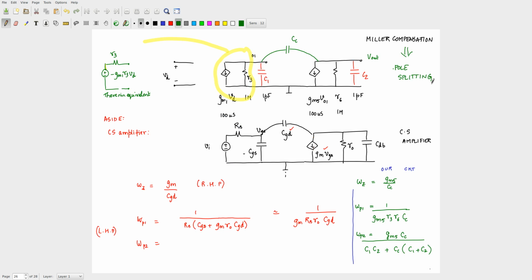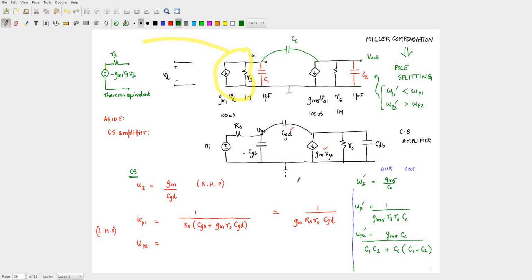Pole splitting basically is that, I will call these the primed values, omega p1 prime is less than omega p1 and your omega p2 prime is much greater than omega p2. Now, all of these p1, p2 and everything is referred to this circuit, not to the common source amplifier. This is for common source. I am using p1, p2 interchangeably, but from context please be aware what I am doing. All right. So now what can you do?